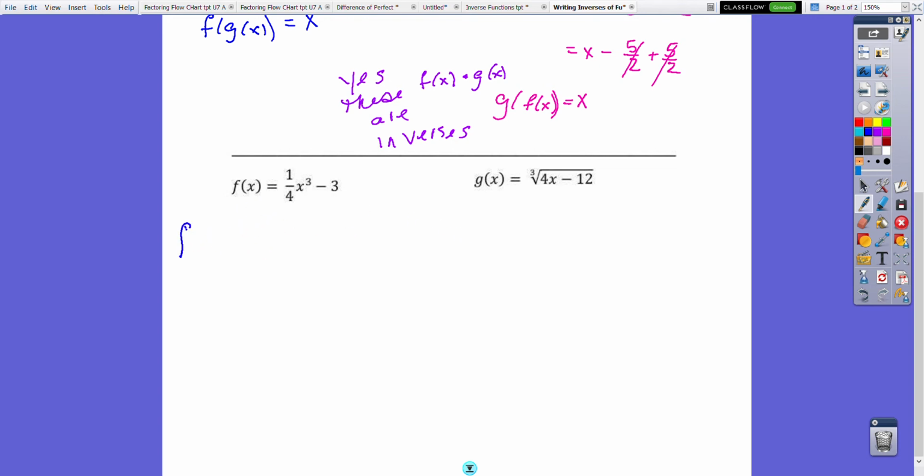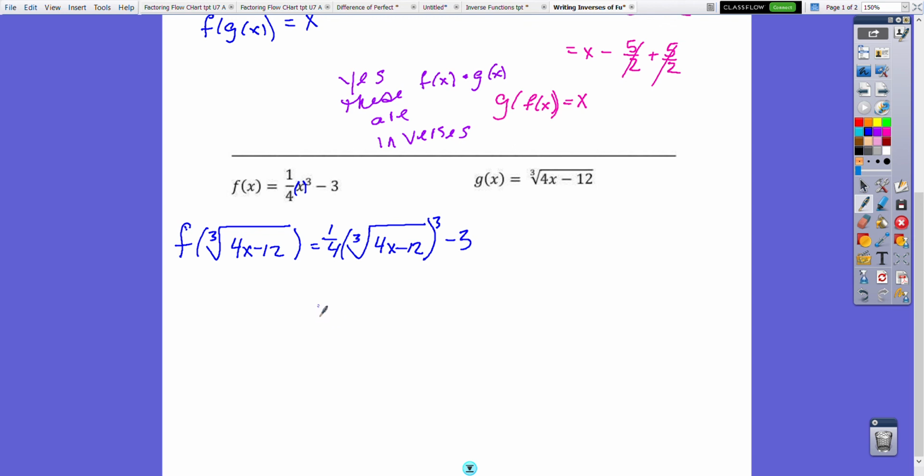So I have f of the cube root of 4x minus 12. And I'm just going to plug that in only for the x, don't forget. So 1/4 times the cube root of 4x minus 12, all of that is cubed, minus 3.